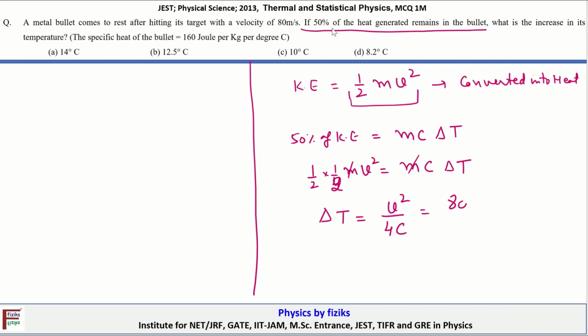So v squared, that is 80 into 80, in meters per second, divided by 4 into the specific heat, that is given as 160 joule per kg per degree Celsius. Okay, so after solving it, we obtain the corresponding change in temperature, that is 10 degrees Celsius. So therefore option C is the correct one here.